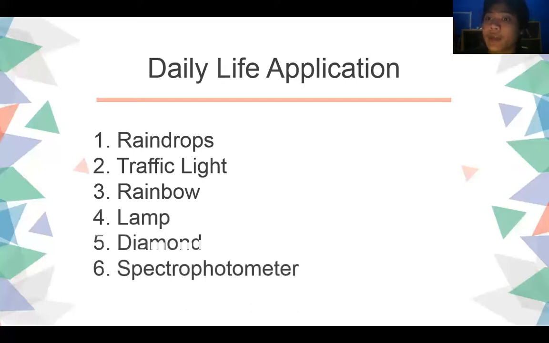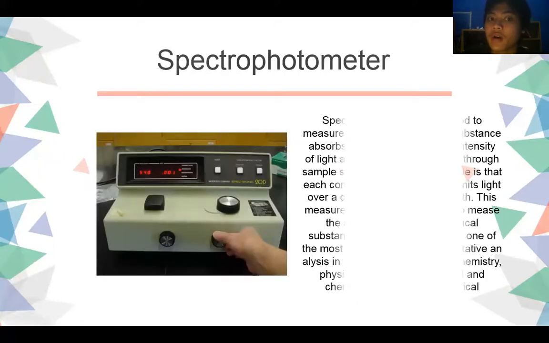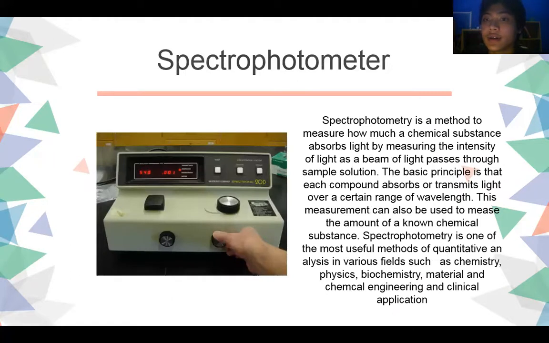I will explain about spectrophotometer in daily life application. Spectrophotometer, this is the picture of a spectrophotometer.